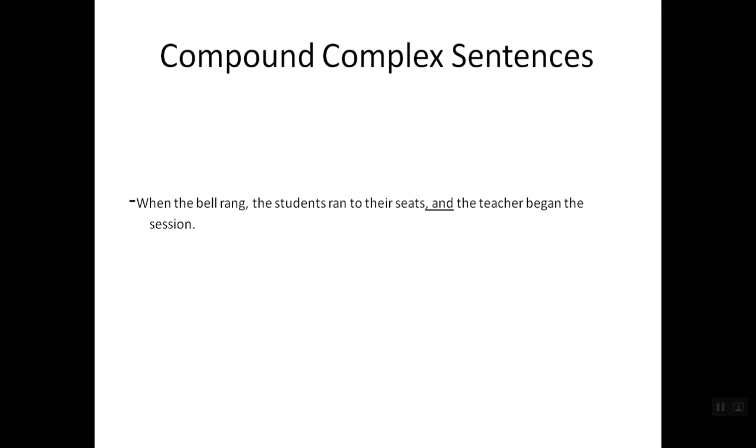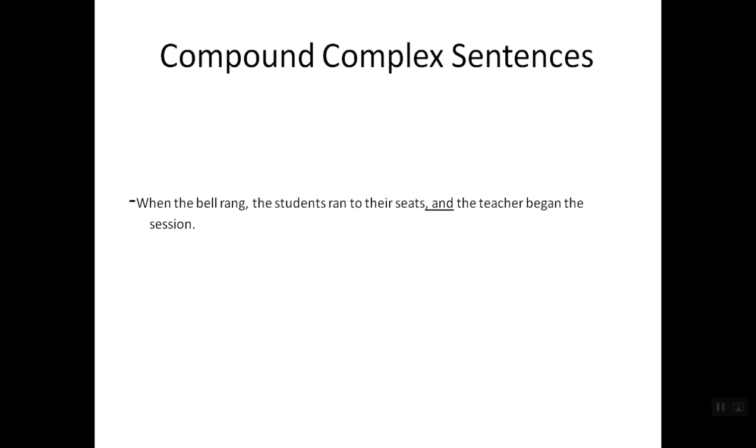Okay, when the bell rang, is it dependent or independent? When the bell rang, I think you're waiting for something to complete the meaning, right? Yes, so it is dependent. Yes, excellent. So here we have one dependent.